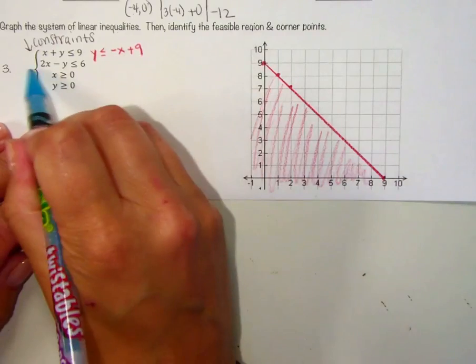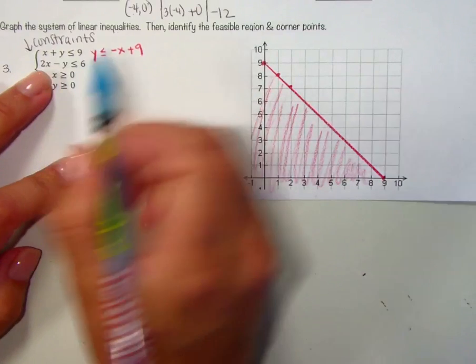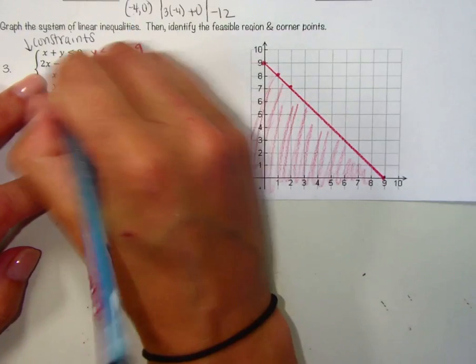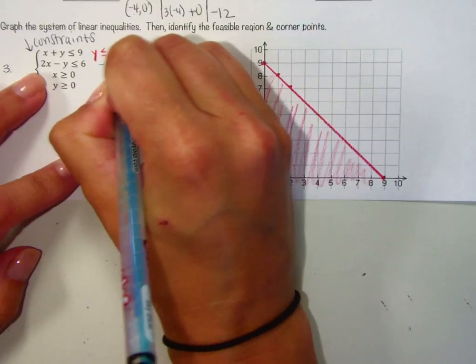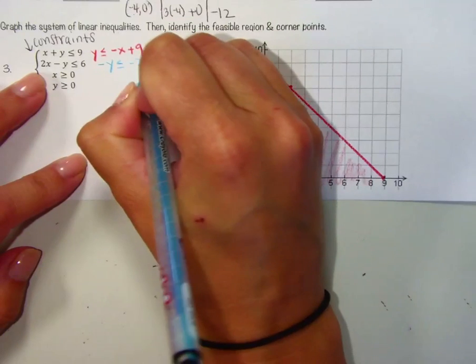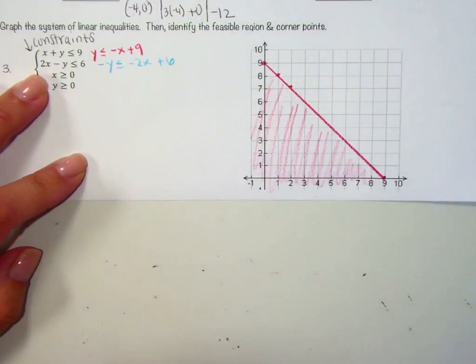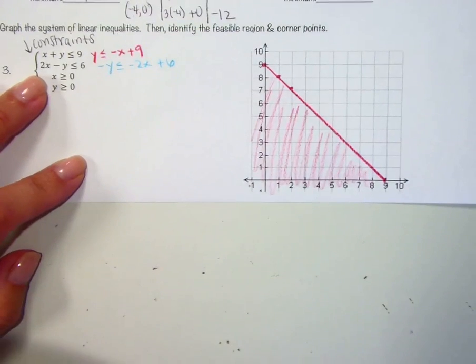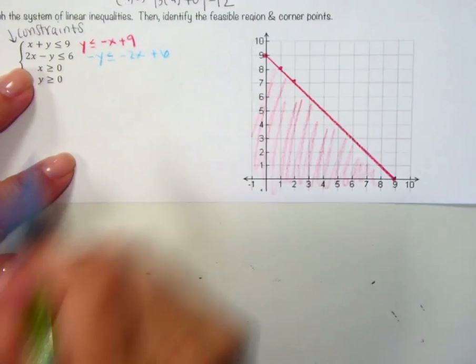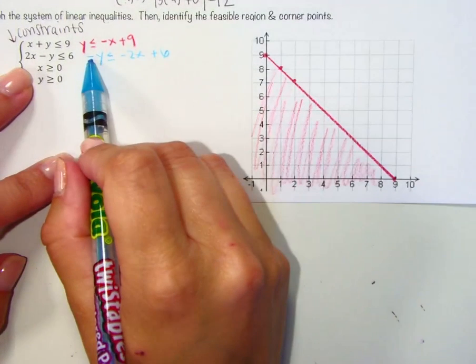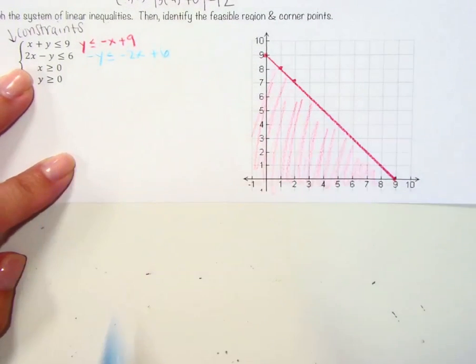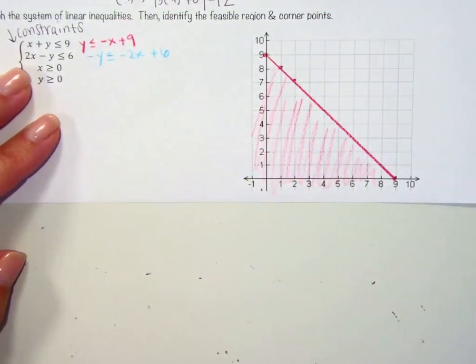Let's go ahead and solve the second inequality for y. So we need to subtract the 2x. And we want y to be positive, so we're going to think about dividing everything by a -1.